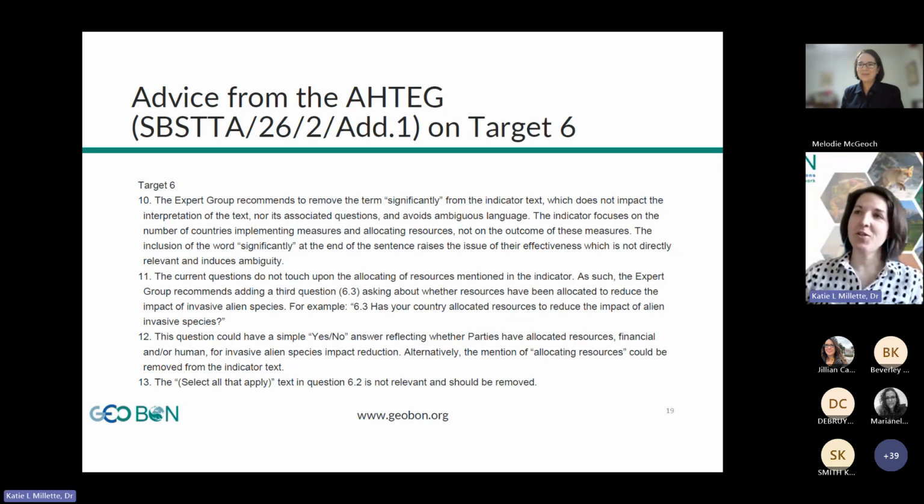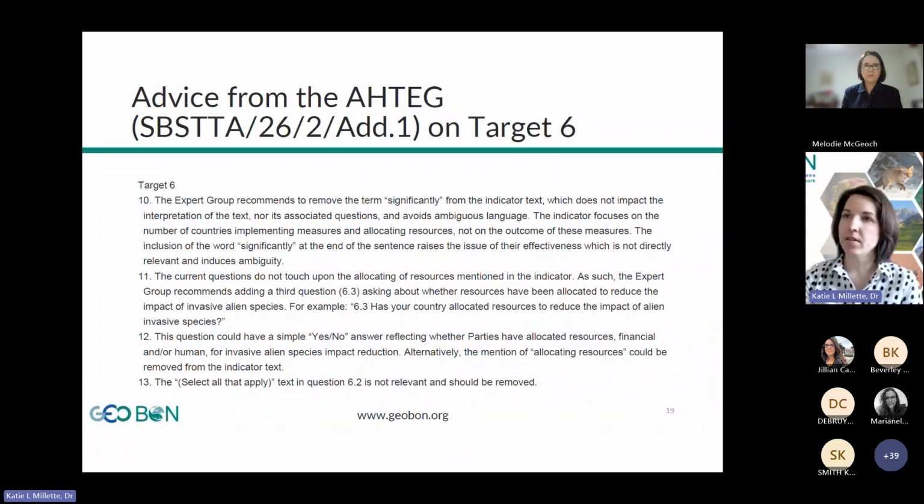Sorry about that. So in addition to document 26/2, there is this advice from the AHTEG document, which is 2/add.1. And so this is what the AHTEG, which is the group of experts, recommended. And here is some of the text. One of the recommendations from the group was to remove the term significantly from the indicator text because it does not impact the interpretation of the text, nor its associated questions, and avoids ambiguous language.